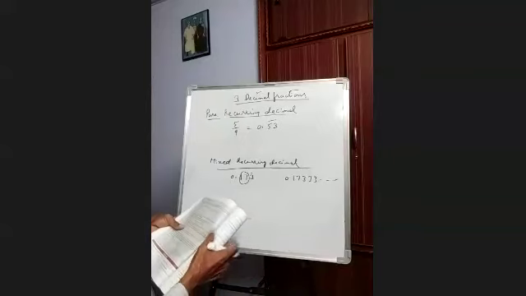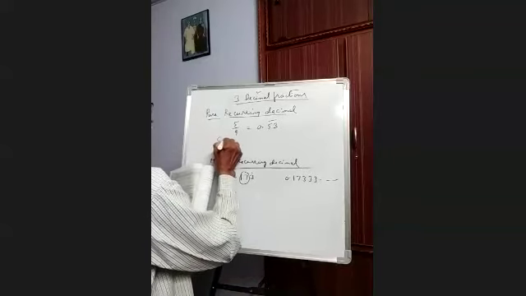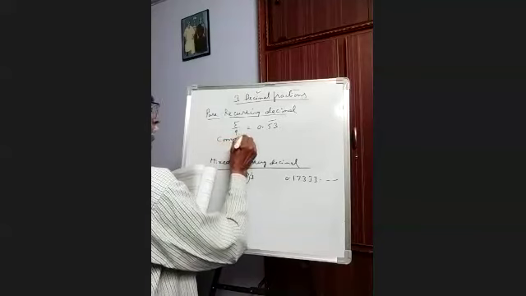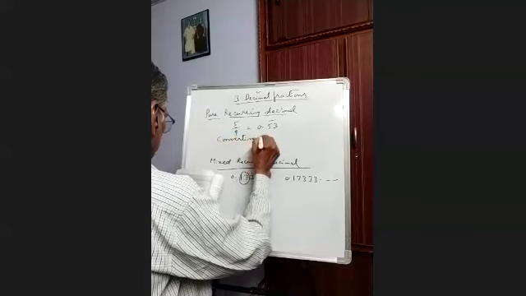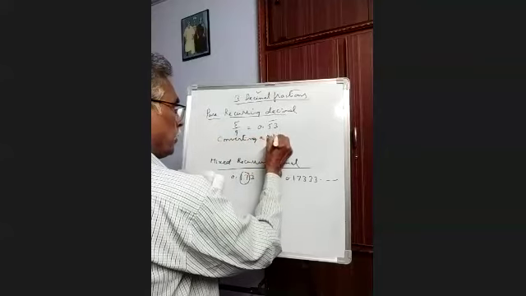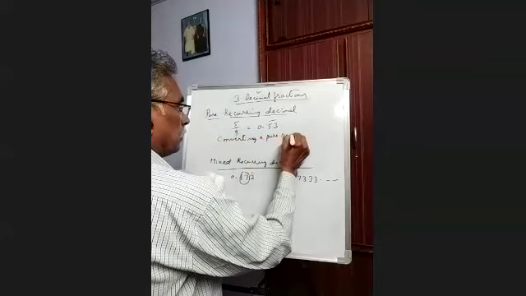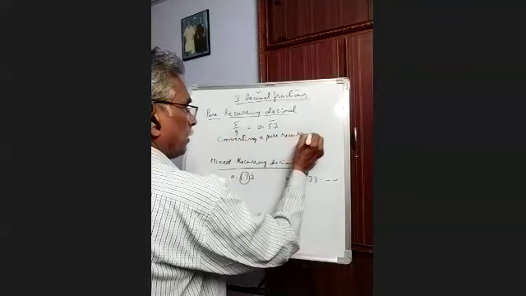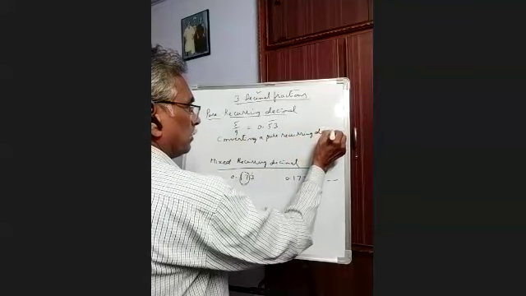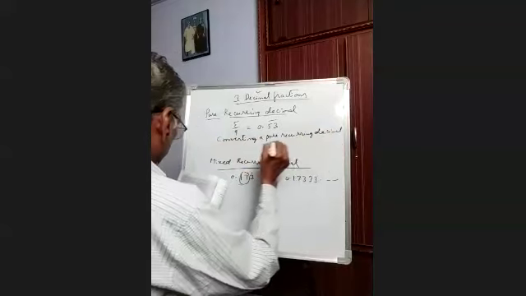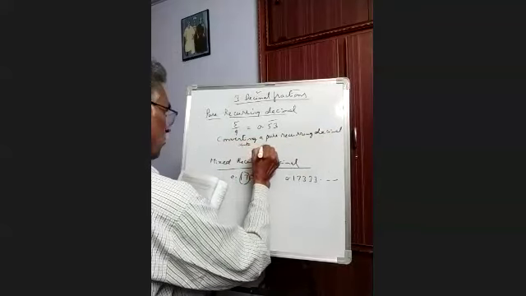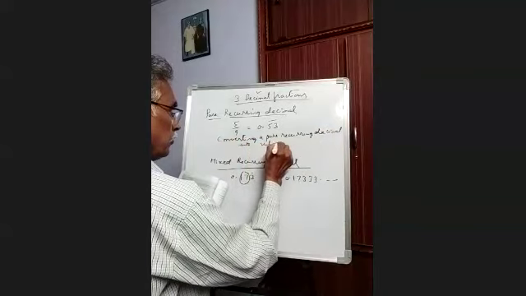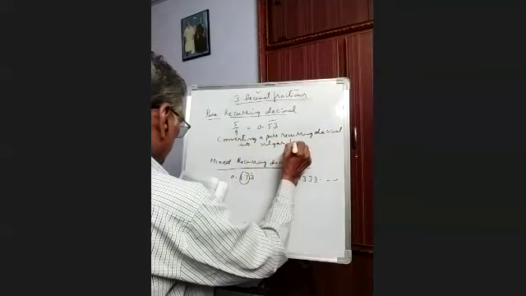Write down this: converting a pure recurring decimal into a vulgar fraction.